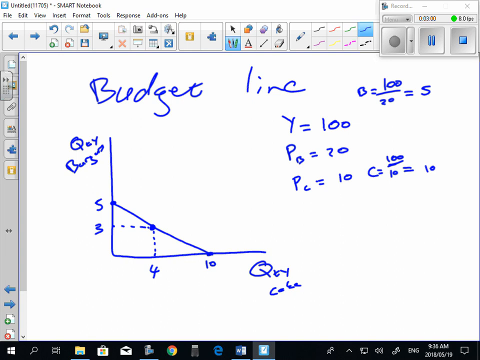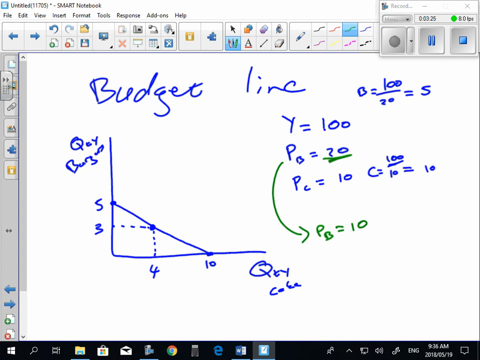Now, what if I told you that they were running a special on hamburgers, and for this week only, the price of burgers decreased from 20 Rand to 10 Rand. How do we calculate our new budget line?